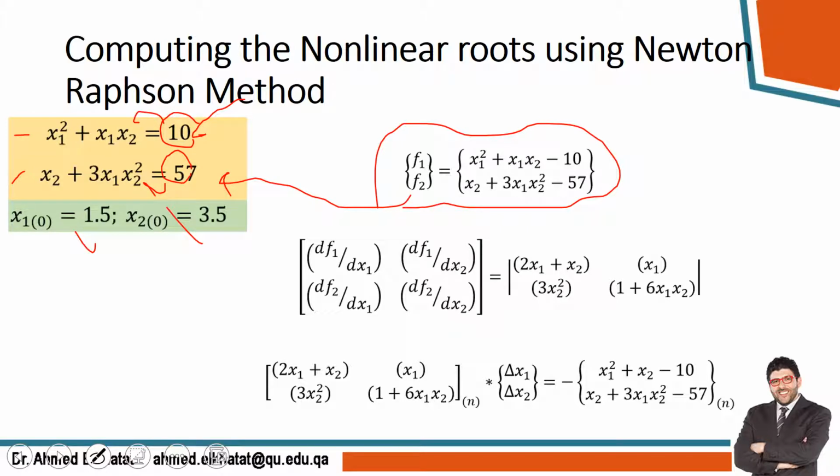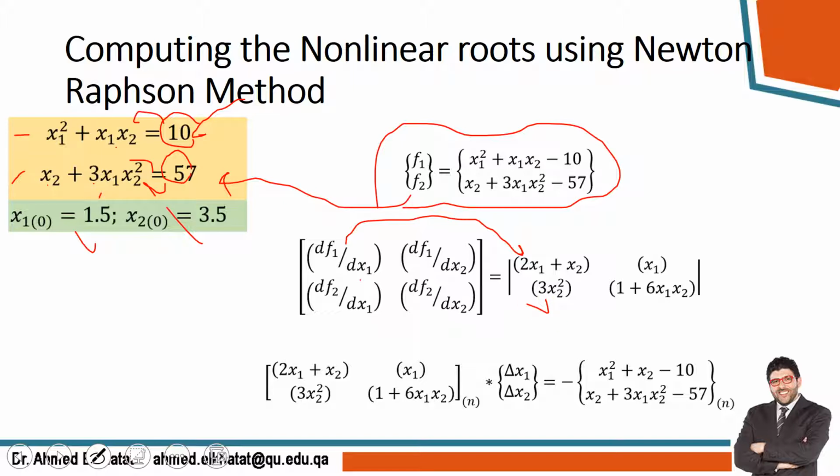Then we have to differentiate the first equation with respect to x1. When we differentiate this one, it will be 2x1 plus x2, and of course this term will be cancelled. The second equation with respect to x1: this one will be 0 and this one will be 3x2 squared.